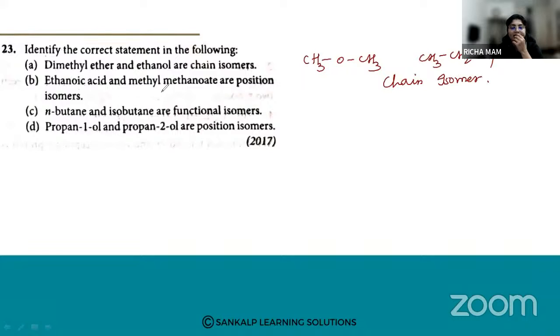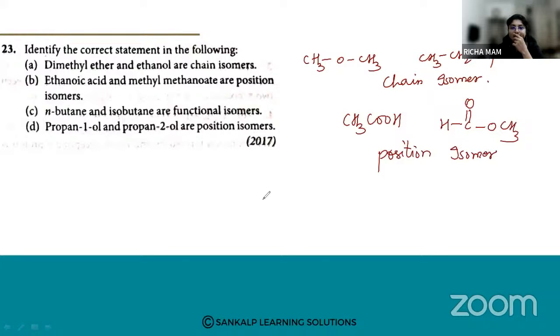B. Ethanoic acid and methyl methanoate are position isomers. Let me write ethanoic acid, CH3COOH, and methyl methanoate, so H. So this is your methyl methanoate, so this is an ester.